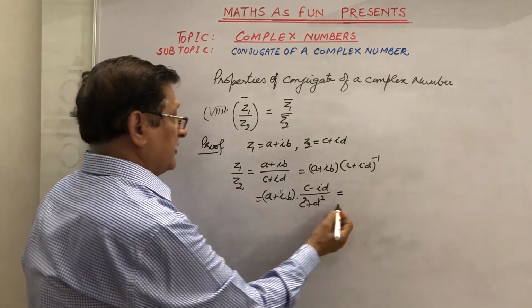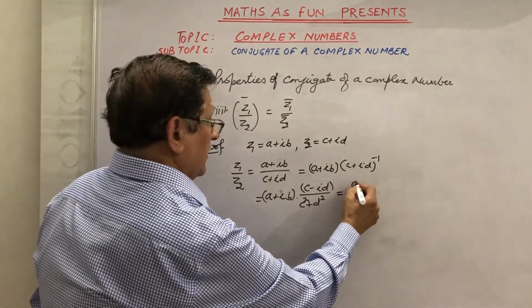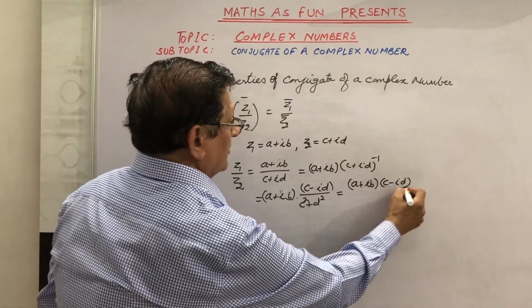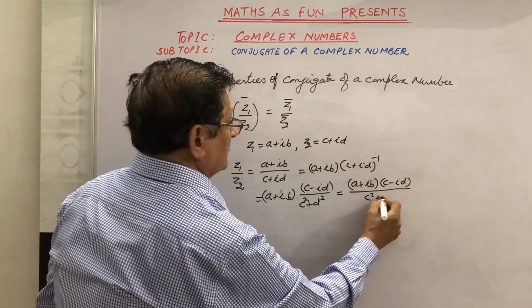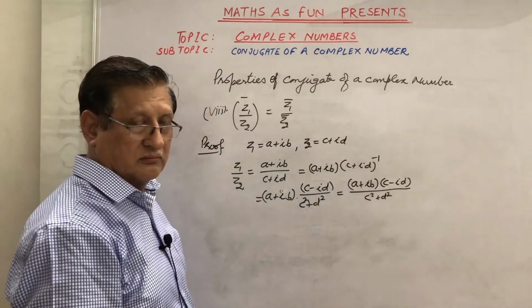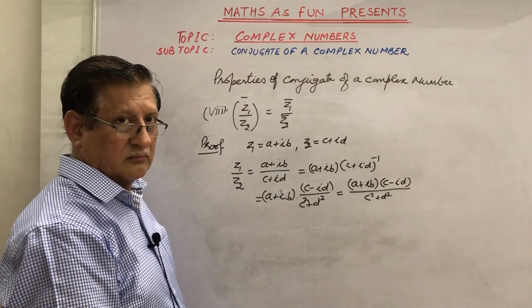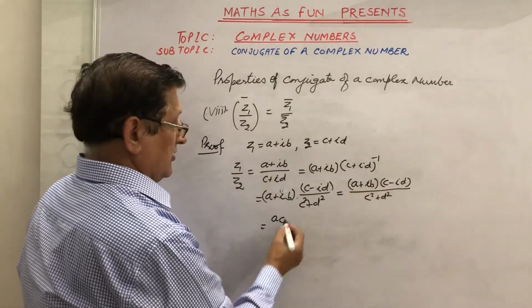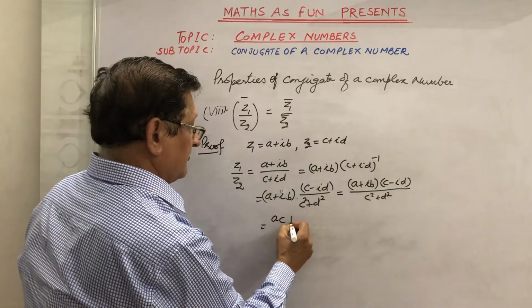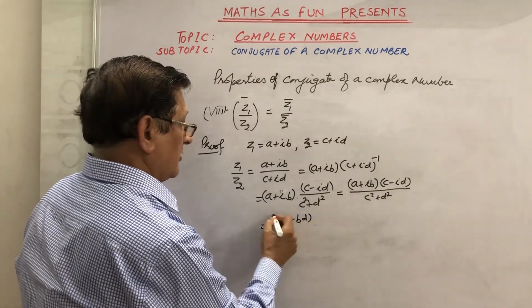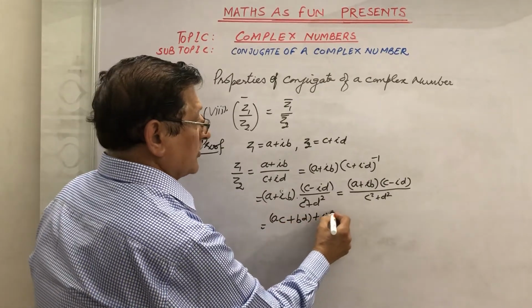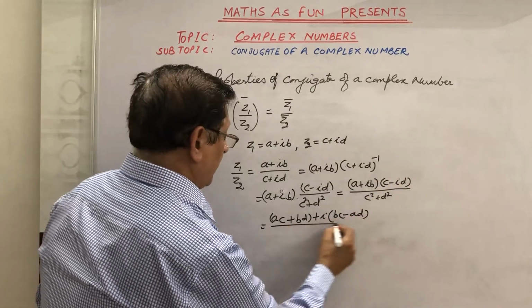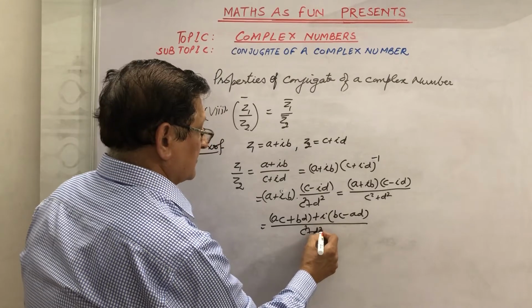We know this can be written as (a plus ib) into (c minus id) upon c square plus d square. If we multiply them, this will be ac, minus minus it will be plus bd, plus i(bc minus ad) upon c square plus d square.